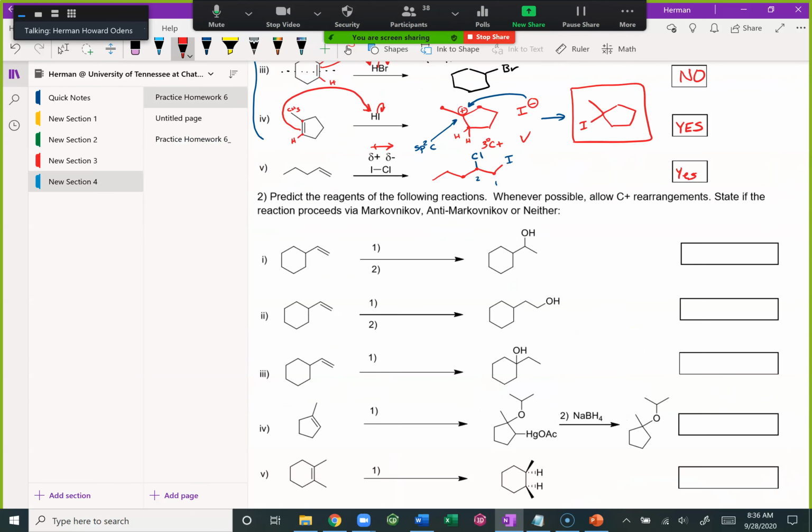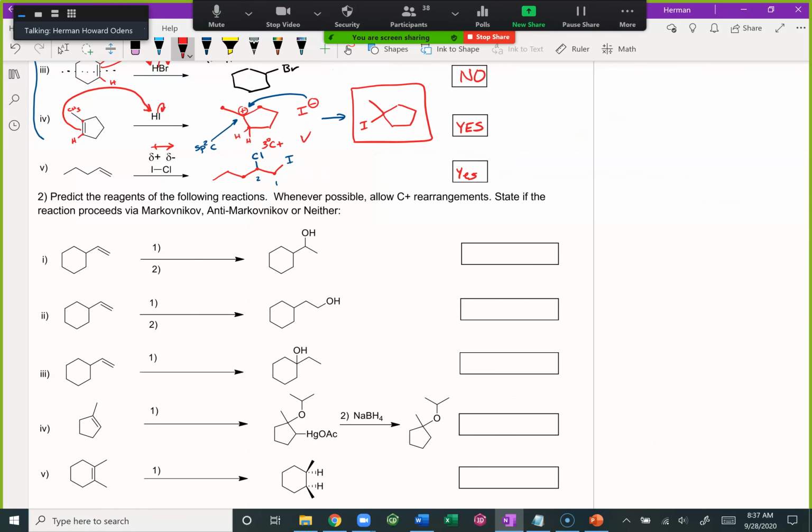All right, let's go back to the practice homework. We're going to predict the reagents of the following reactions. Whenever possible, allow carbocation rearrangements. State if the reaction proceeds via Markovnikov, anti-Markovnikov, or neither. All right.